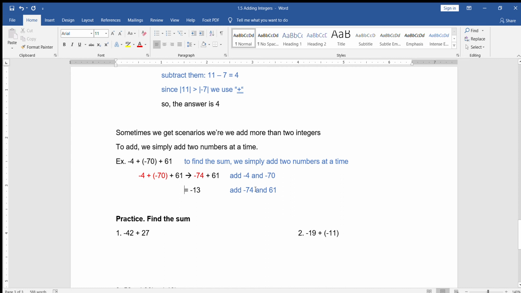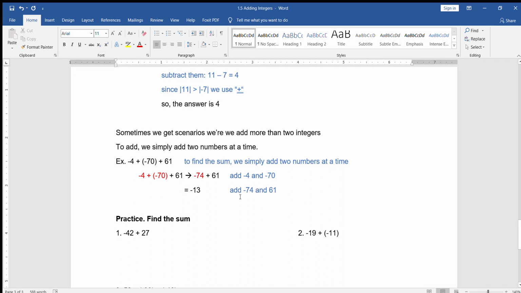Well, they're different signs, so this is scenario 2. So scenario 2, we're going to subtract the absolute value of negative 74 and 61, my bad on that.